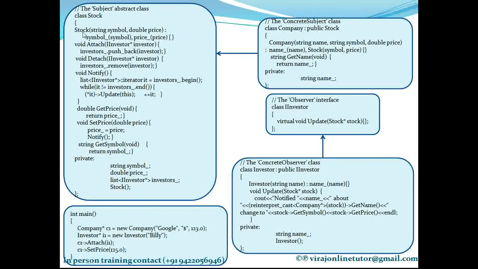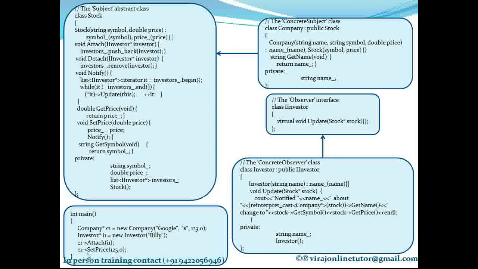So this stock is an abstract subject class. Then I have a concrete subject, that is a company inheriting from the stock. I have investor interface and investor class. So in the main, I create a company object. I create the investor object. I am attaching this investor to this company and I am changing the stock price of this company.